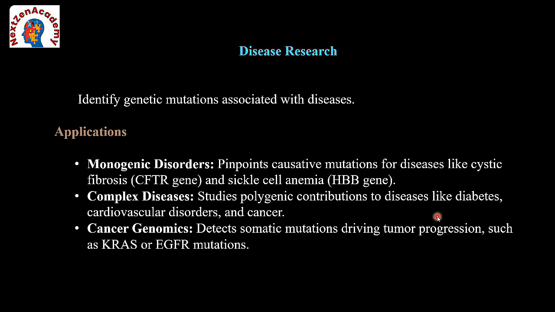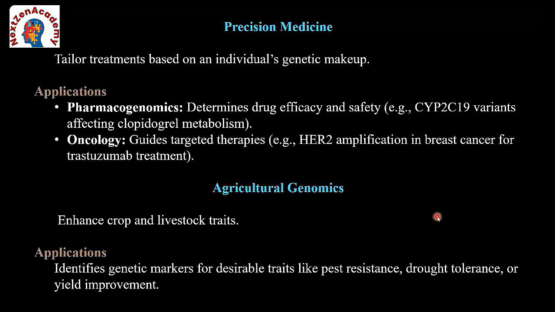The second one is insertion. Here in the reference, T is there, but at that particular position, instead of T, a new base is getting inserted. That is called insertion.